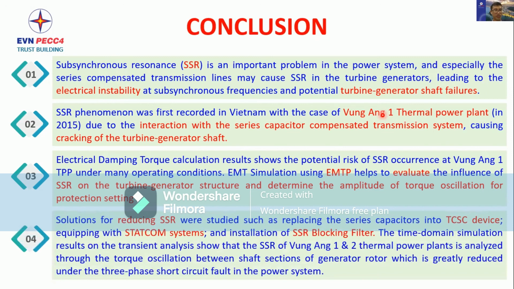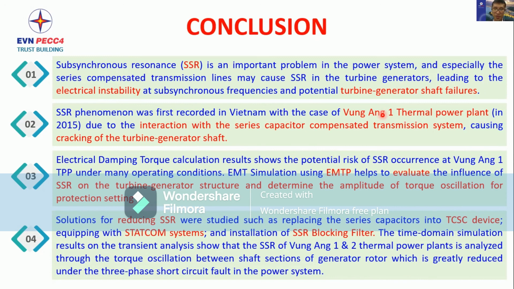And the last one is that solutions for reducing SSR were studied, such as replacing the series capacitor with the TCSC or STATCOM system, and even installing the SSR blocking system.